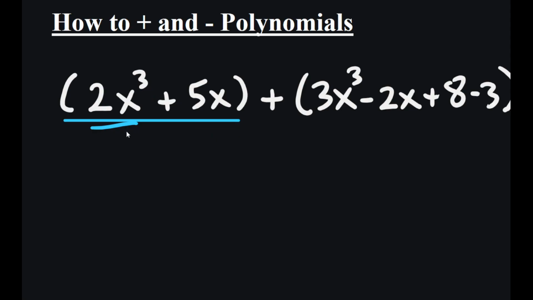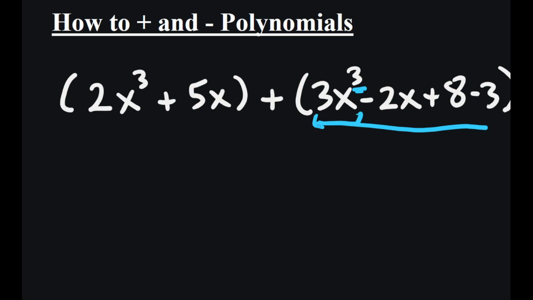So that is the first polynomial. And this polynomial over here to the right has 4 terms, and the degree is also 3. The leading term is 3x to the third, and I forgot to mention the leading term in this first polynomial is 2x to the third.